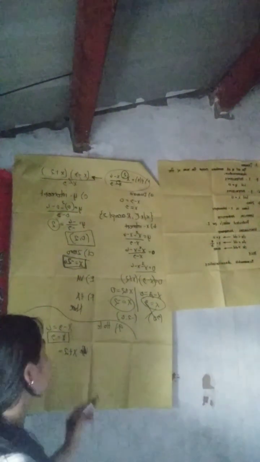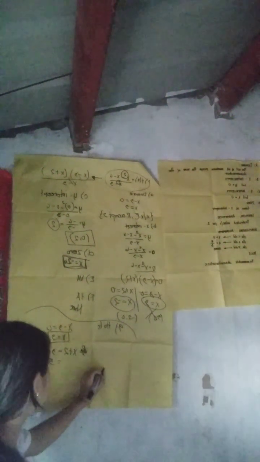Substitute the x here, which is 3, so 3 plus 2 is equal to 5. So our hole is at 3 and 5.